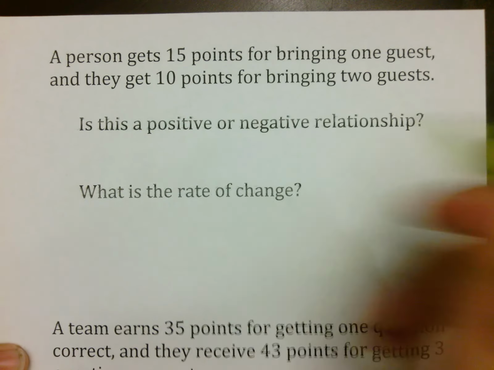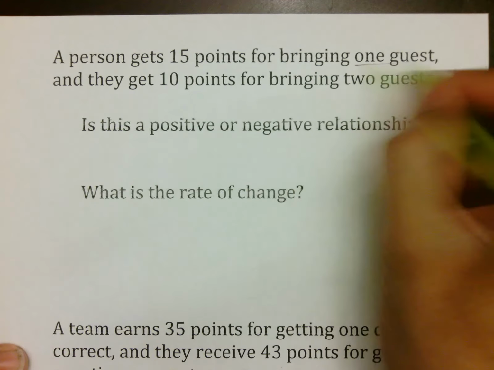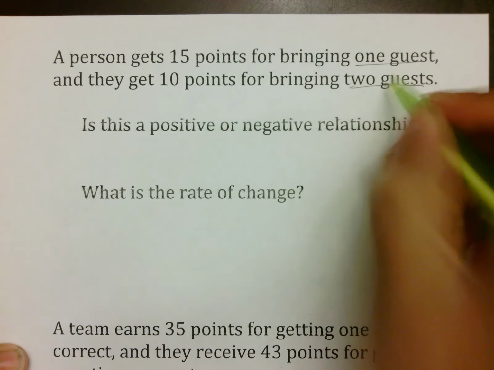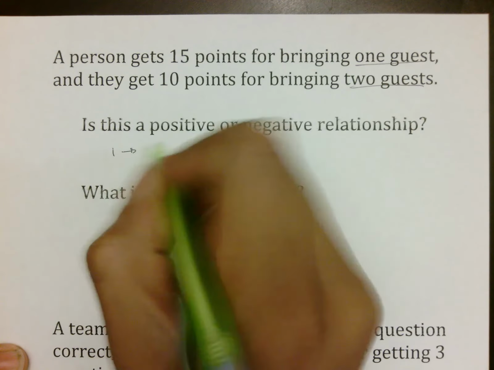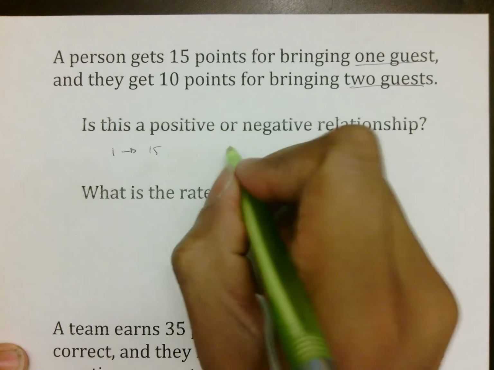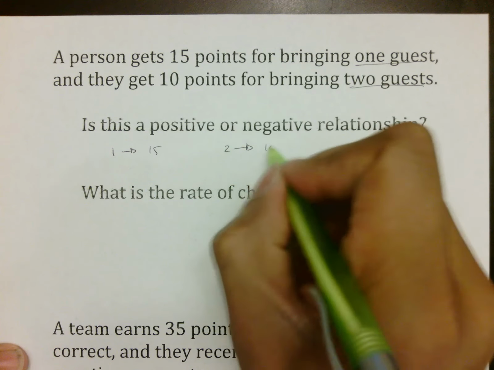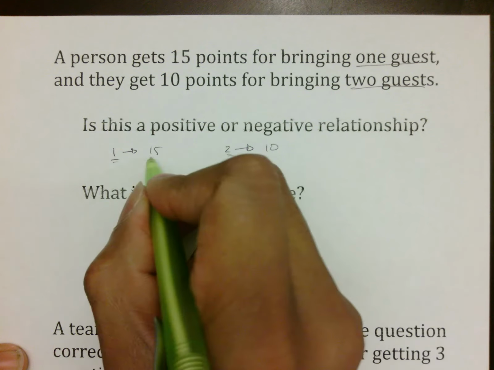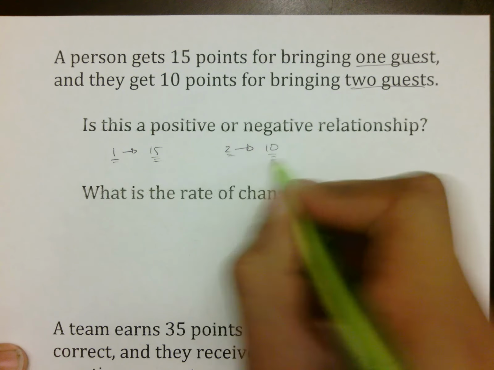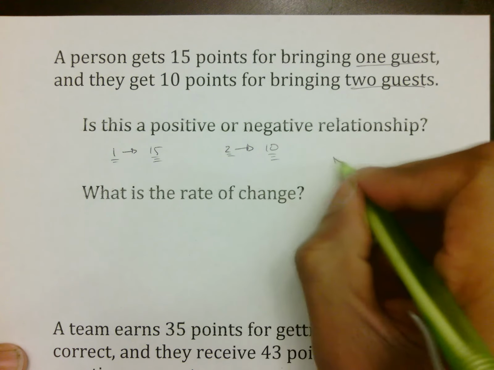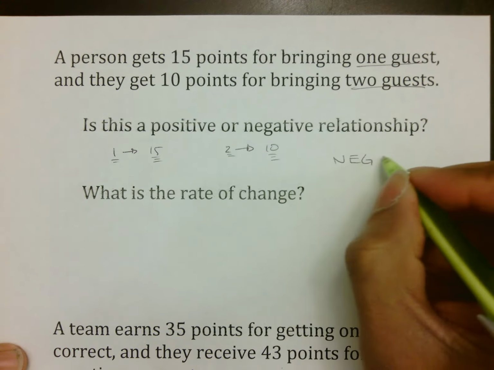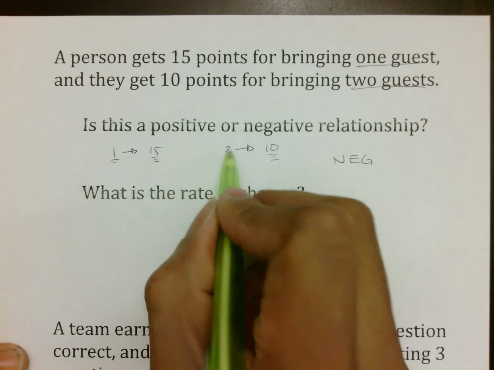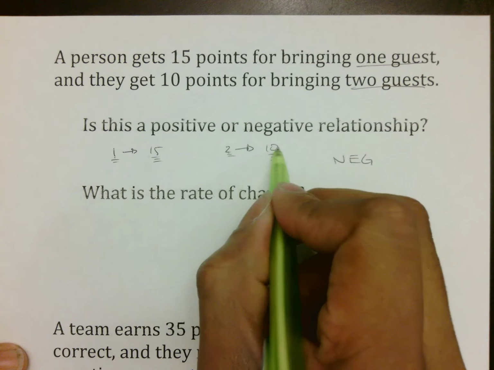The easiest way to do that is to look at the relationship base, which is 1 guest versus 2 guests. So 1 guest leads to 15 points, 2 guests leads to 10 points. So notice as your independent variable goes up, your dependent variable goes down, which means that this is a negative relationship because again your 1 went to a 2 but your 15 went to a 10.